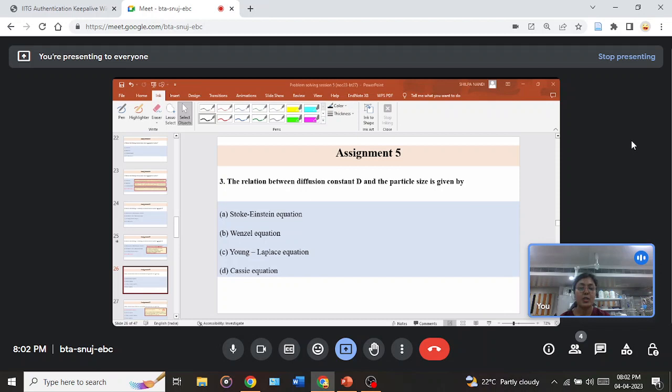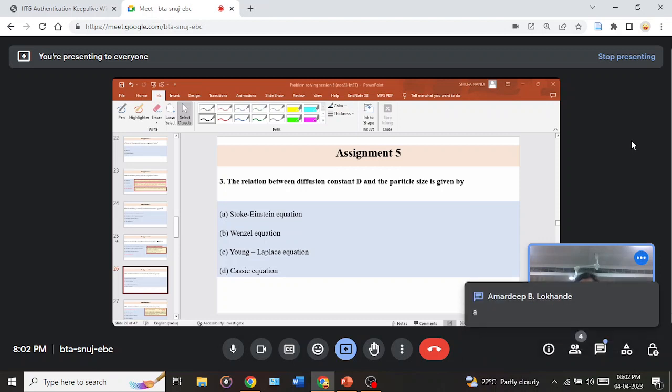You have your options right in front of you. If you remember the expression for that particular equation, you may be able to give the answer. Your options here are Stokes-Einstein equation, Wenzel equation, Young-Laplace equation, and Casey equation.